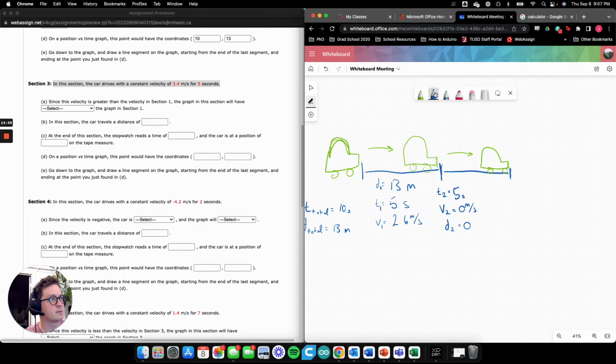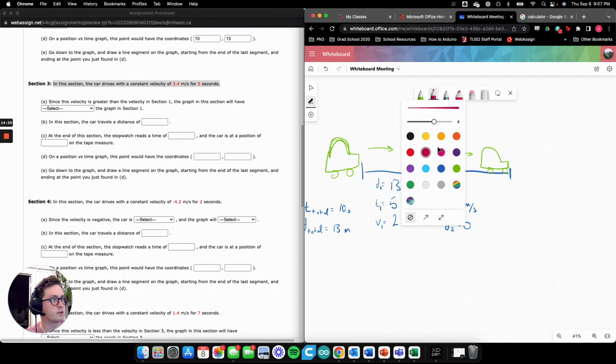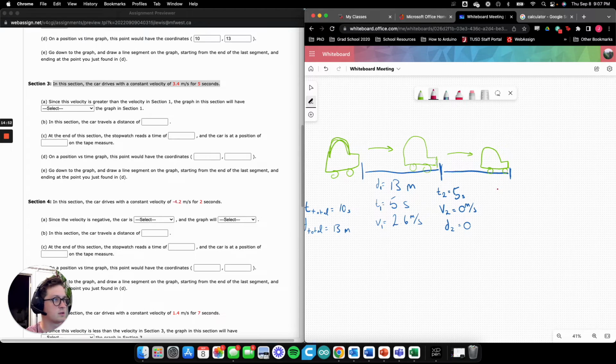This time, and I'll write it in a different color just to differentiate, it went at a velocity during section 3 of 3.4 meters per second. It went for a time during this section 3 of, oh my goodness, 5 seconds.